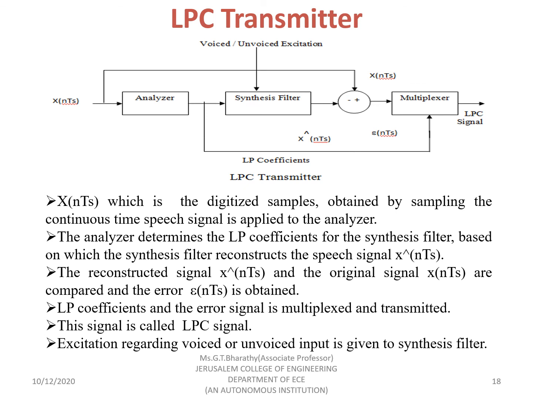So the LP coefficients are extracted from the signal x of nTs using the analyzer. The synthesizer output and the actual input are both subtracted to find the error signal. The error signal and the LP coefficients are multiplexed to produce the LPC signal.